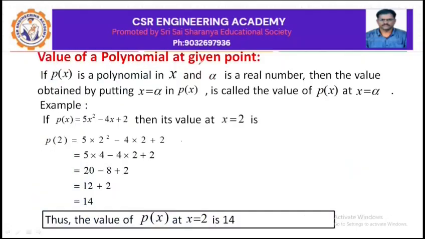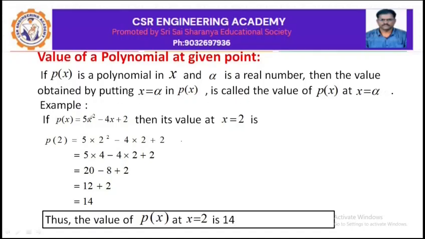Value of a polynomial at a given point. If p(x) is a polynomial in x and alpha is a real number, then the value obtained by putting x = alpha in p(x) is called the value of p(x) at x = alpha.